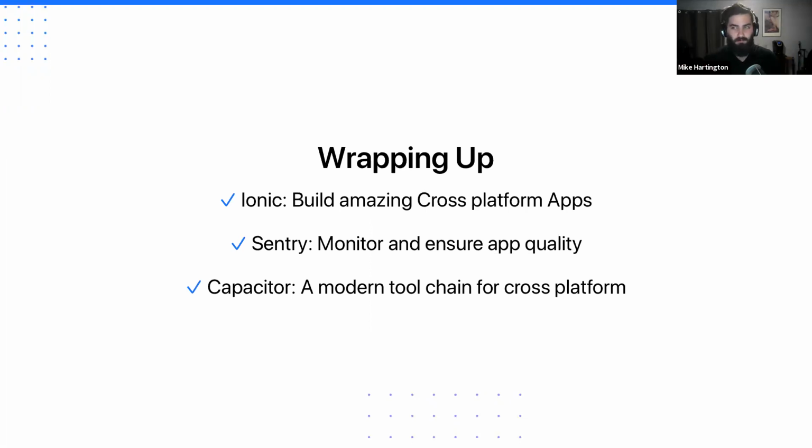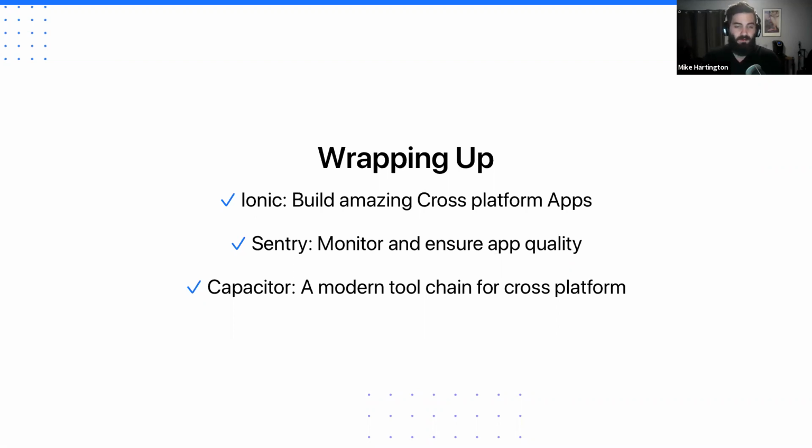If you are interested in building for cross-platform, whether you need to target iOS or just need a good component library for the web, Ionic is a great choice. You can get everything that you need for native development as well as web development. If you want to make sure that your app can stay up to date and healthy and keep an eye out for any errors that could pop up here and there, Sentry is a great way to monitor that as well.